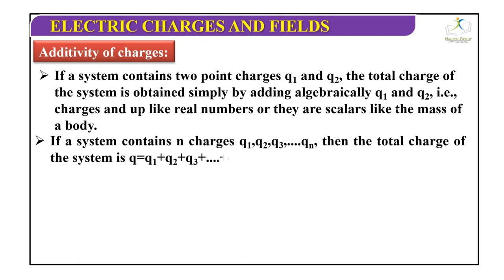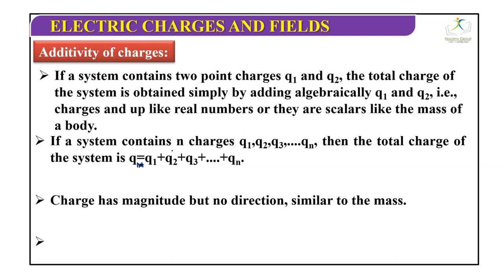If the system contains n charges q1, q2, q3 up to qn, then the net charge q net is equal to q1 plus q2 plus q3 up to qn.